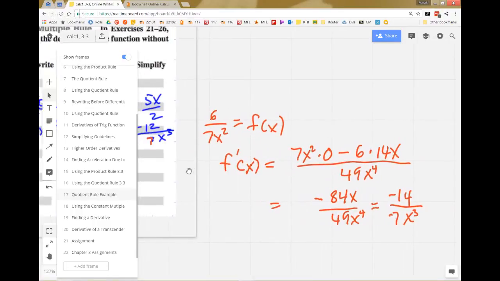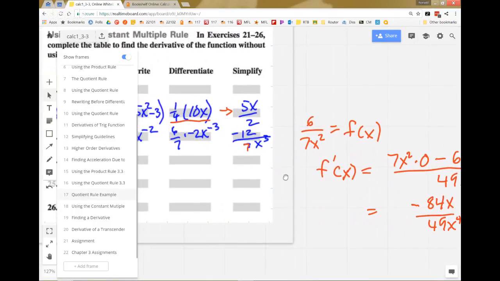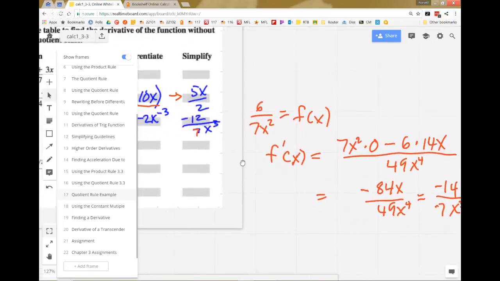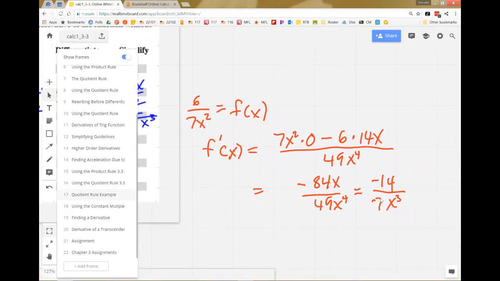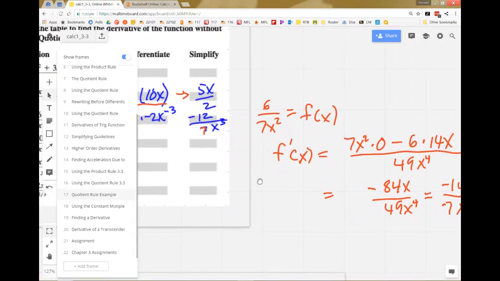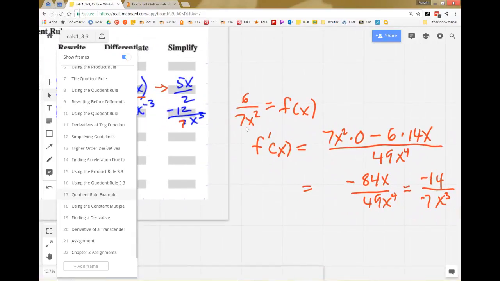Okay, what did I do? I just got to check my multiplication here. What did I do wrong? Denominator times derivative of numerator minus numerator times derivative of denominator, all over denominator squared.